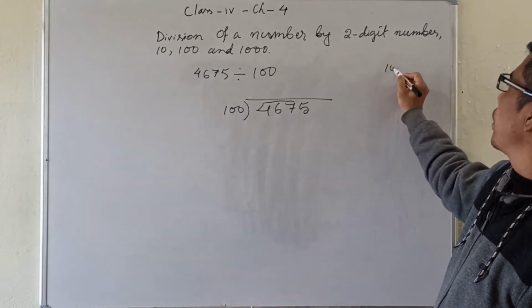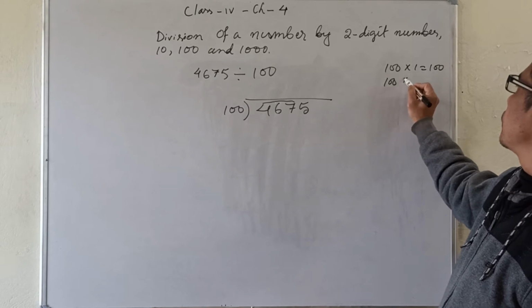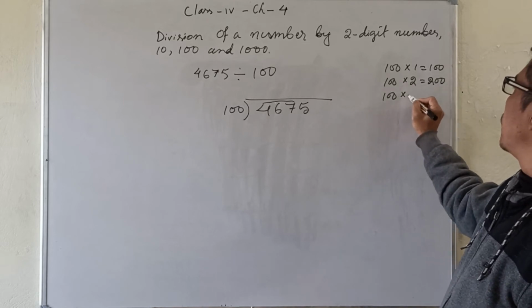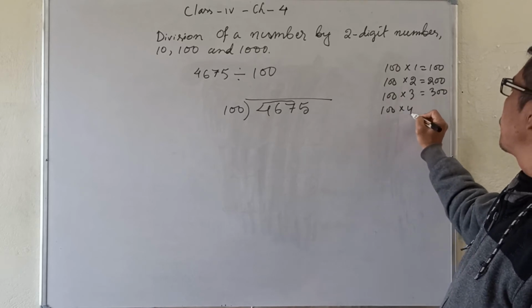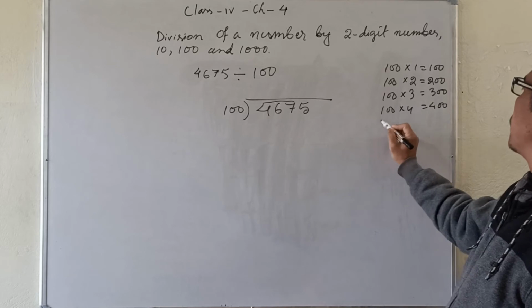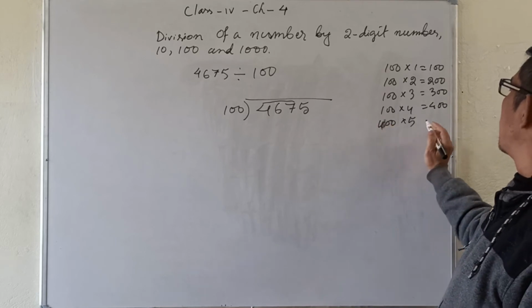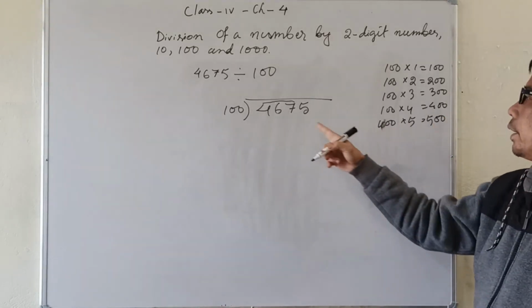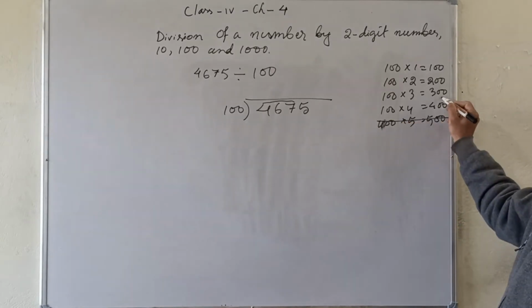So in the multiples of 100, 100 ones are 100, 100 twos are 200, 100 threes are 300, 100 fours are 400, 100 fives are 500. So 500 is bigger than 467. This cannot be taken. So we have to take 400.